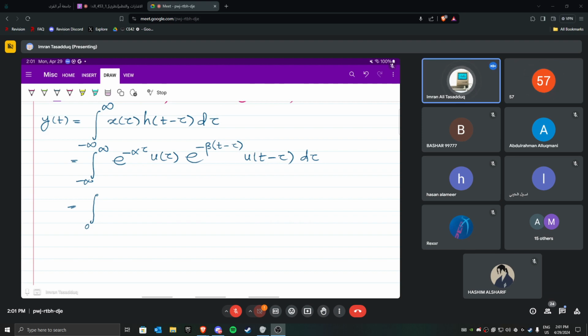So that means if you are saying infinity, this tau can be greater than t, right? Which will make this guy negative, and when this guy becomes negative, this whole thing becomes 0. So how can you have infinity?